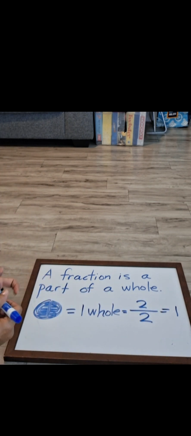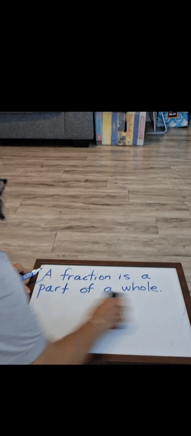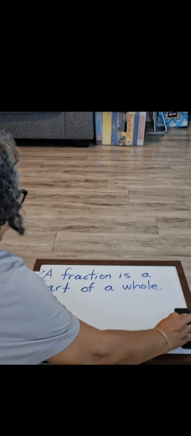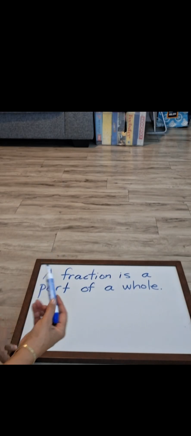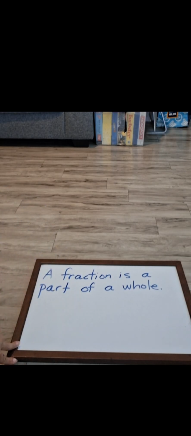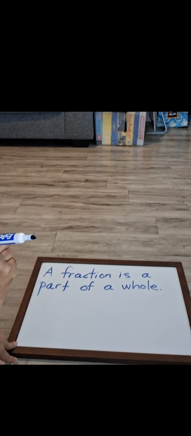Okay? So let's go. We're going to do another fraction that is greater than 1. You want to try it? Okay, this is going to be a fraction that's greater than 1. We did the fraction that's equal to 1.